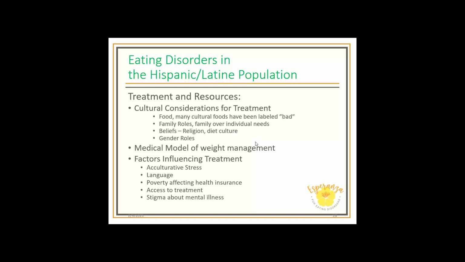Factors influencing treatment. Now here we go with the acculturative stress. What that means is assimilation of a different culture into one's own culture. That's the thin ideal, trying to look like really a Northern European with the skin color, the hairstyle, the body shape and size.